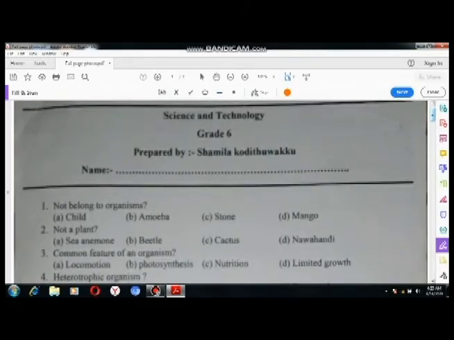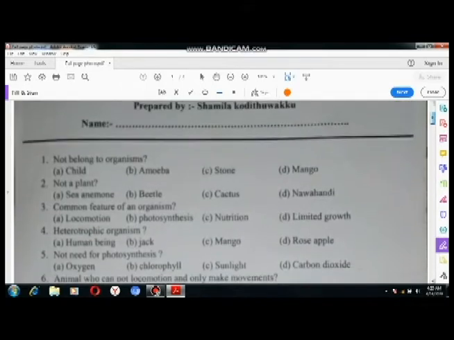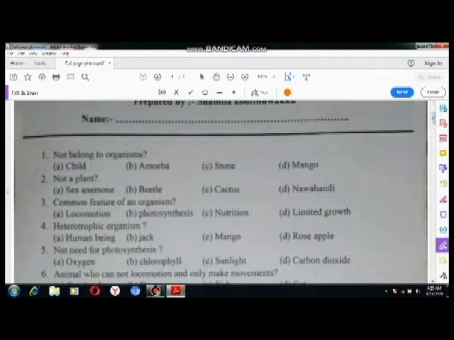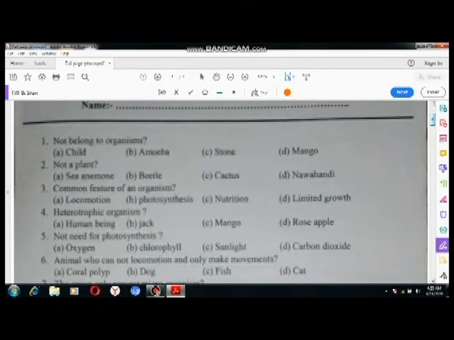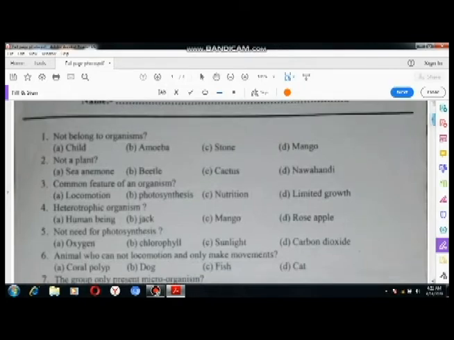Biology, Grade 6. First question: not belong to organisms. You already know the things in the environment can be divided into two parts, living things and non-living things. The things that grow are called living things.